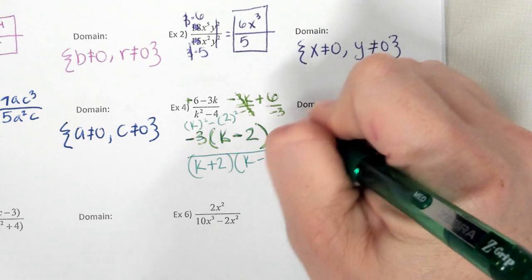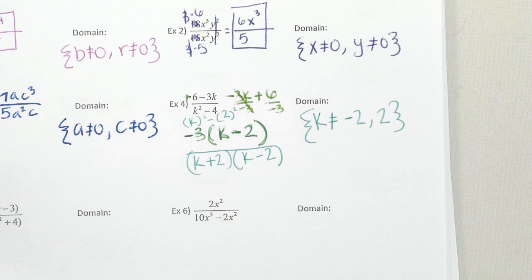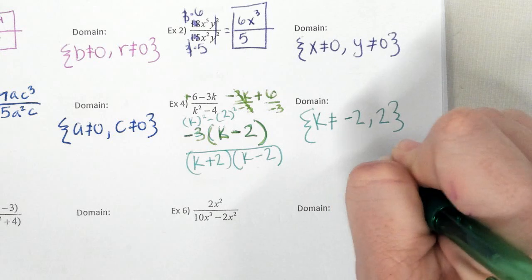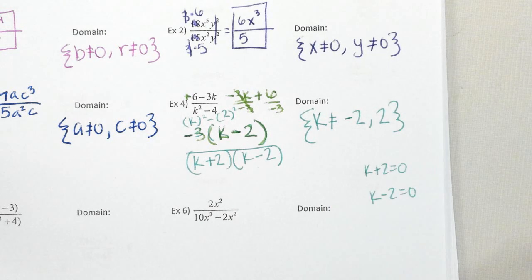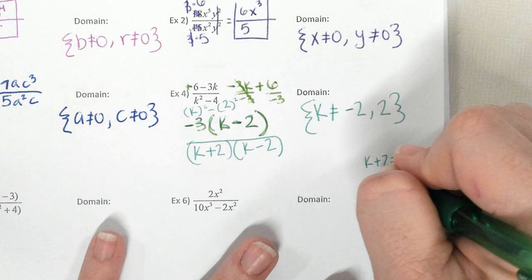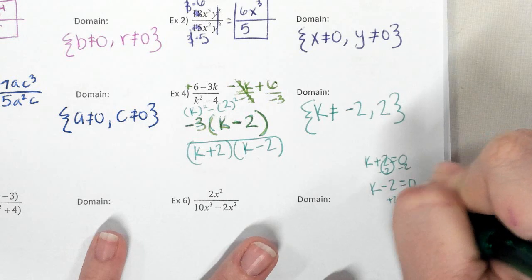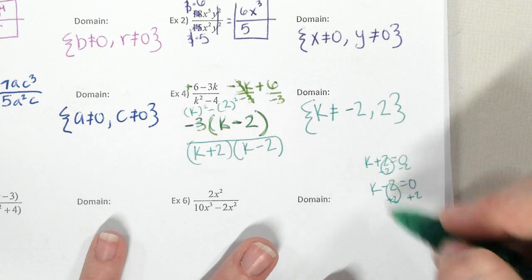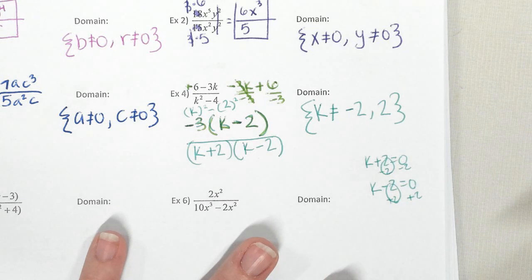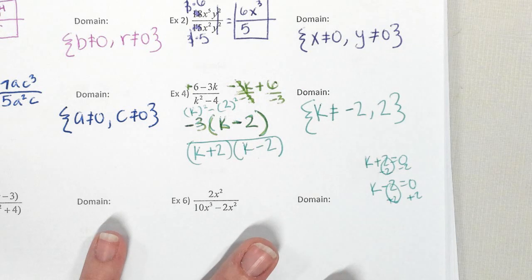Now, I'm going to show you how to find those mathematically, but that is your domain. You can take your two factors, remember when we were solving, set them equal to 0 and solve. How do I get rid of a plus 2? I would subtract 2. How do I get rid of a negative 2? I would add 2. So k equals negative 2, k equals positive 2. So that's what k cannot equal. Does that make sense? Okay. So that's how you'd find your domain when you have factors like this. Now, what matches?